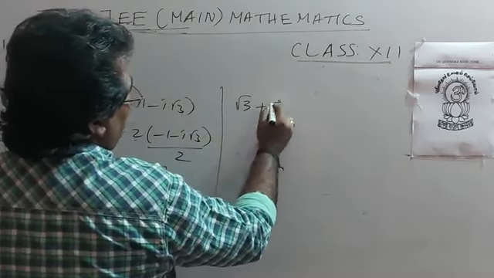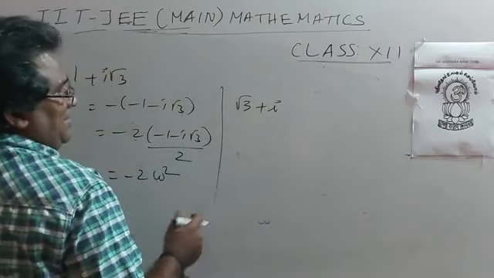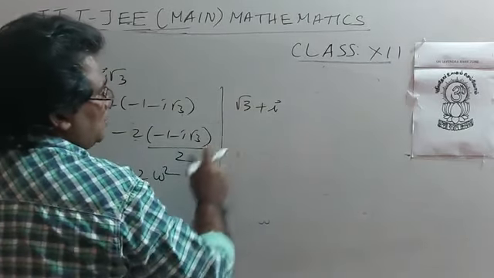Now root 3 plus i. This is the ratio a plus ib where a is to b is root 3 is to 1.